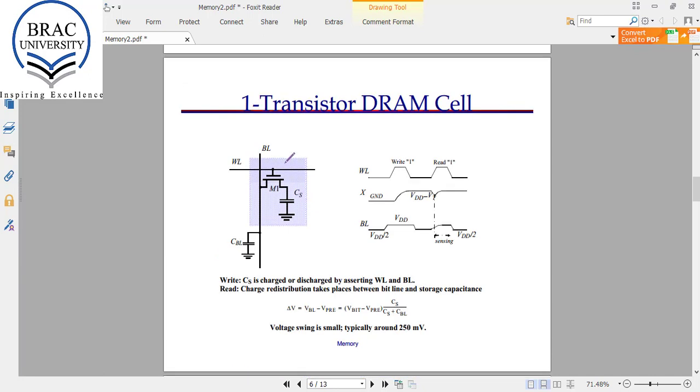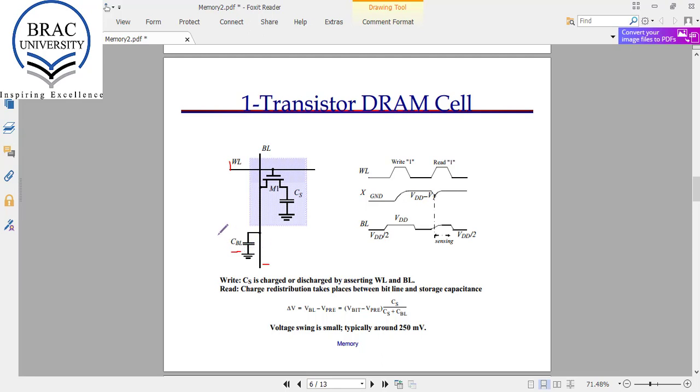First we want to read the data that is stored in this cell. Here this is the bit line and this is the WL, the word line. To read the value, this bit line is charged to a value VDD by 2.